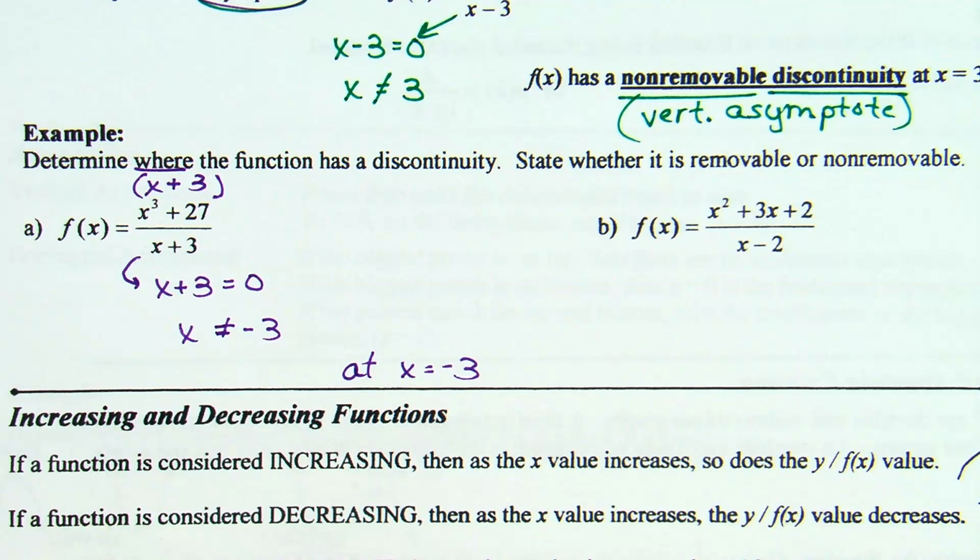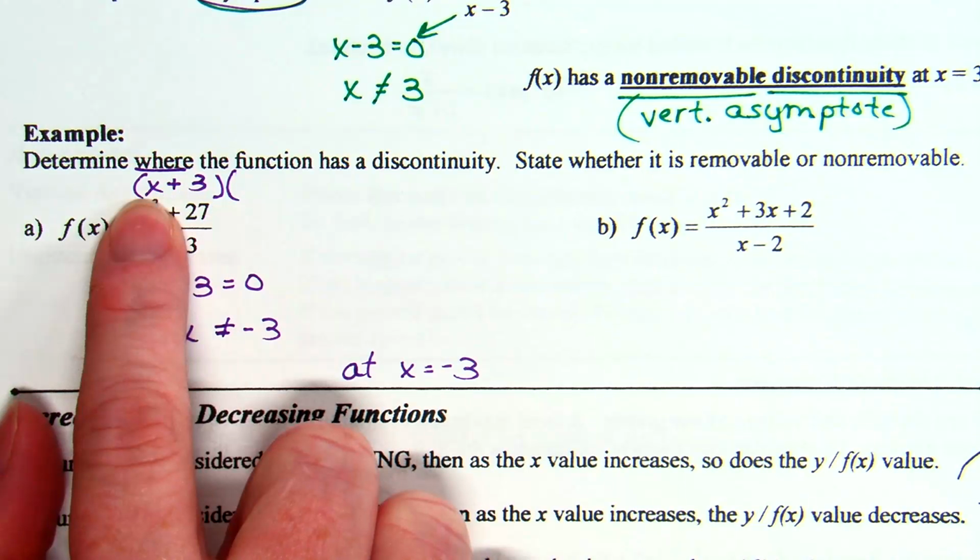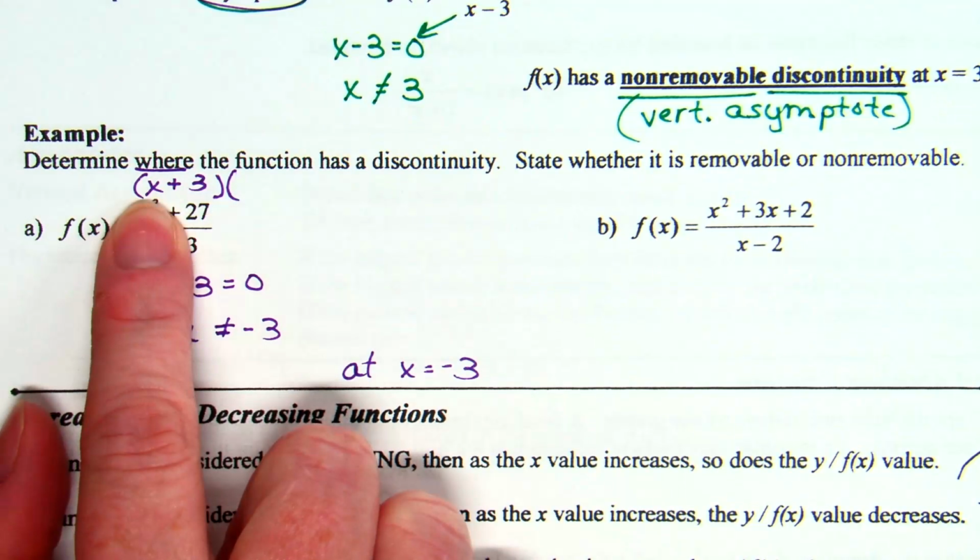Now the trinomial. This is where I'm going to use my x and my 3 to do the rest of this. The first term in the trinomial is the first term from over here, but squared. So we're going to take the x and we're going to square it. When you take the x and you square it, you get x squared.